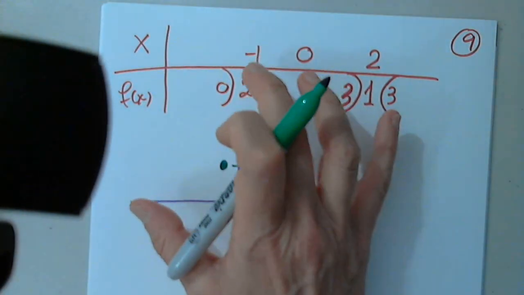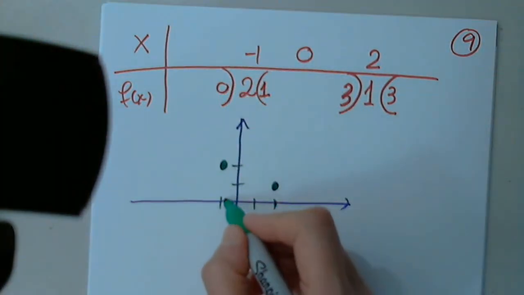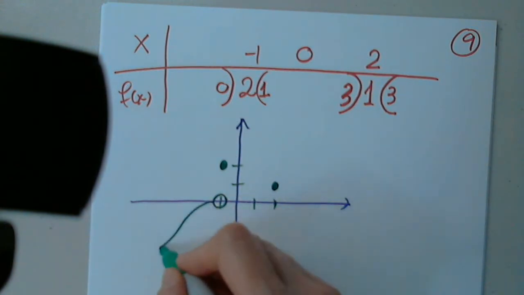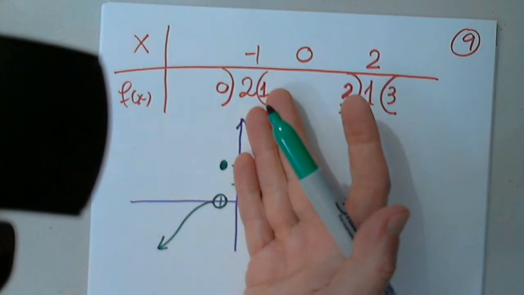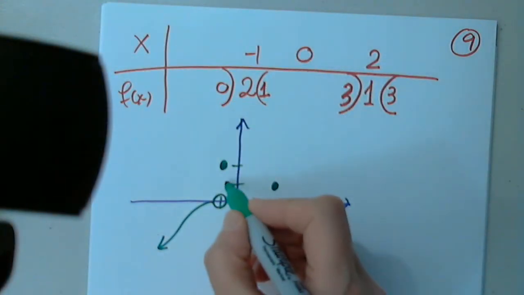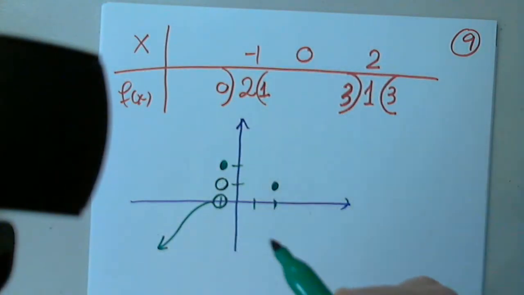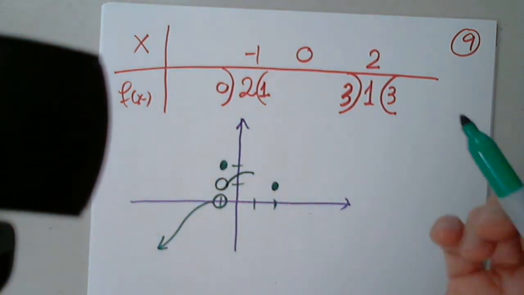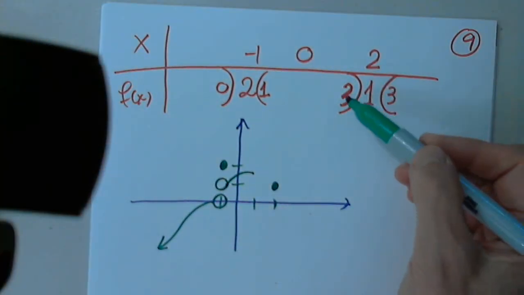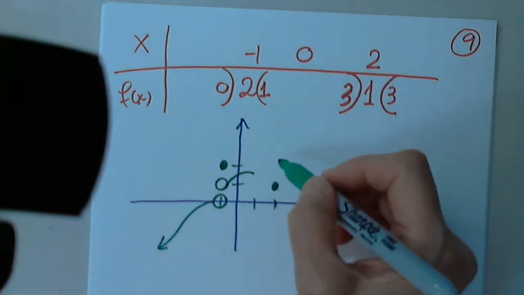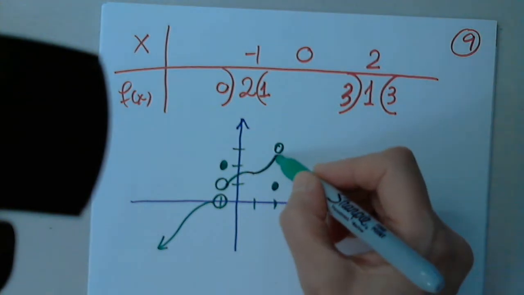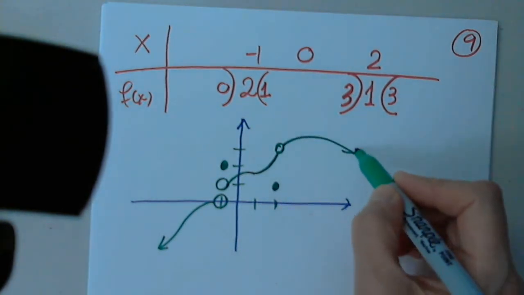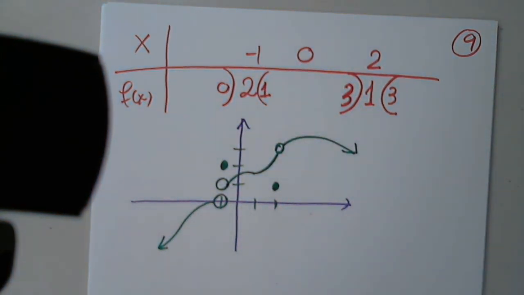The limit from the left of -1 is 0. The limit from the right of -1 is 1. The limit from the left and right of 2 is 3. And that's my function.